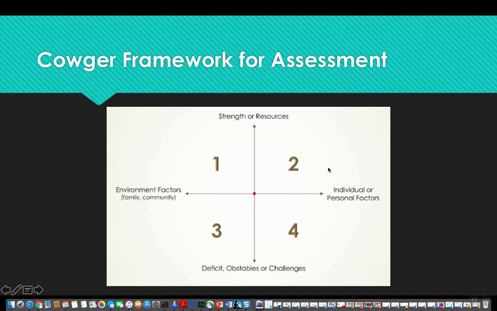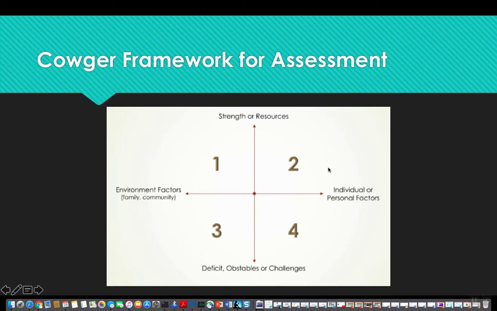In quadrant one, we see specifically the strengths and resources related to the community, family, church, and other support groups. In quadrant two, we should explore individual strengths, for example any positive characteristics, coping skills, or resilience that the client has.